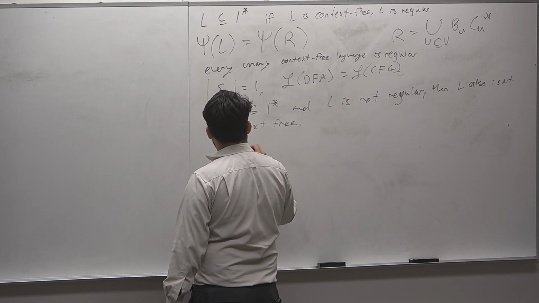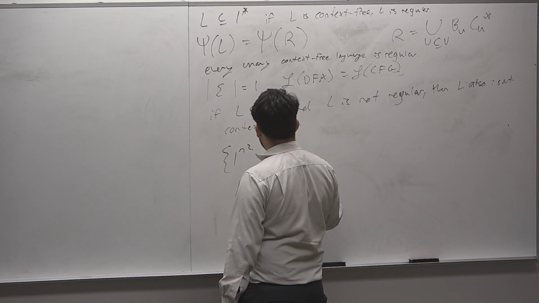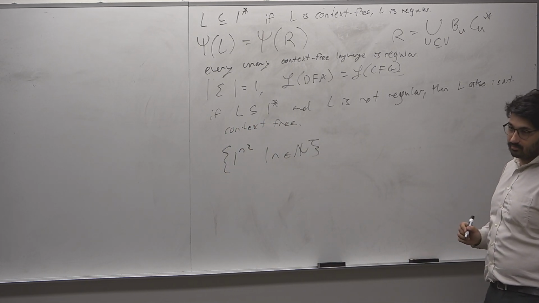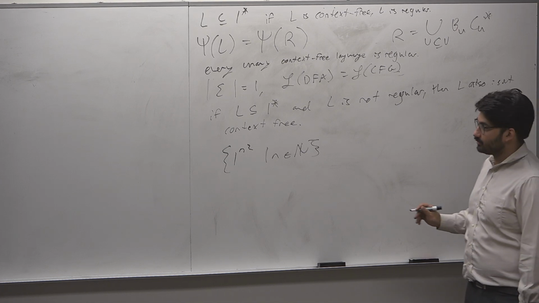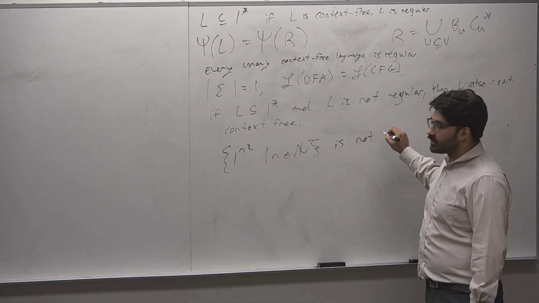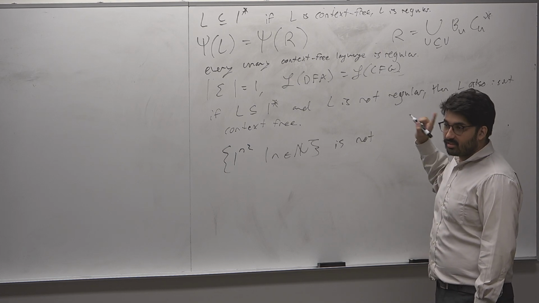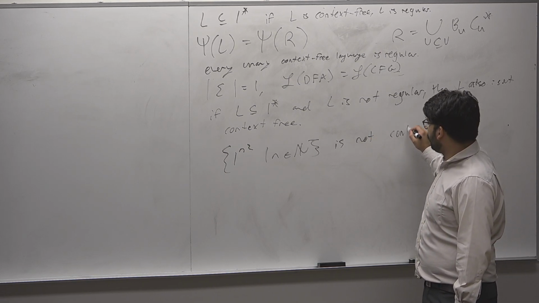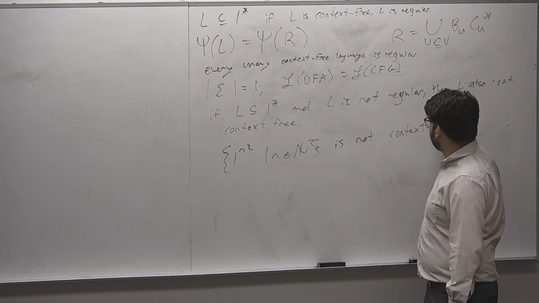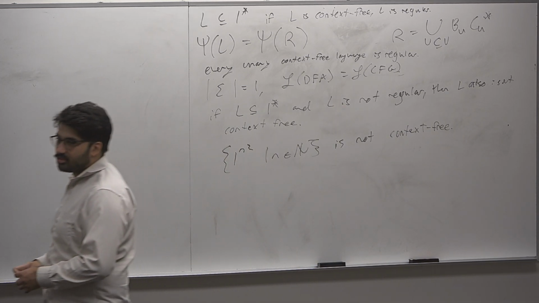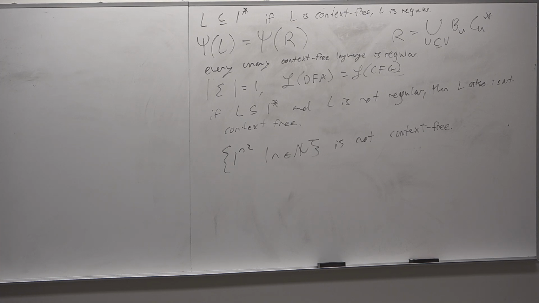So what do we know about 1 to the n squared? It's not regular or context-free. Yeah. We proved it was not regular by the pumping lemma, but because it's not regular and it's unary, we also know it's not context-free. We don't even have to pump it. True of any such languages, right? This only holds if they're unary.